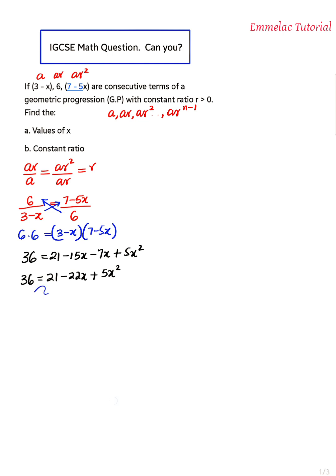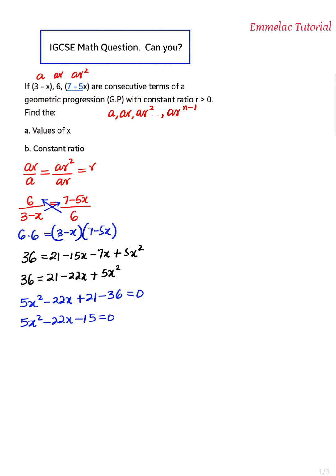Rearranging further, we have 5x squared minus 22x plus 21 minus 36 all equals 0, which gives us 5x squared minus 22x minus 15 equals 0. Why minus 15? Because 21 minus 36 will give us negative 15.